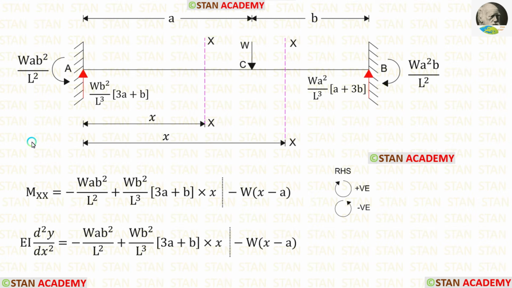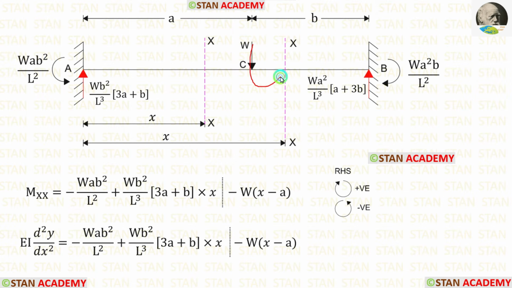Now let us find the moment in the sections. MA is acting in the anti-clockwise direction, so it will be negative. The vertical reaction is acting towards the section in the clockwise direction, so it will be positive and the distance is x. For this load, we have to consider the second section.